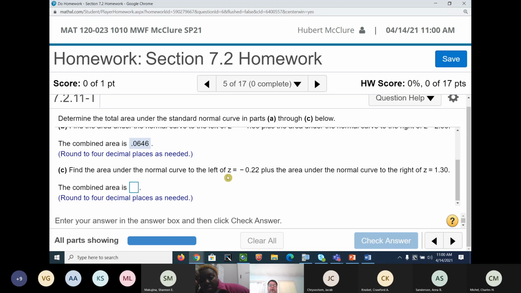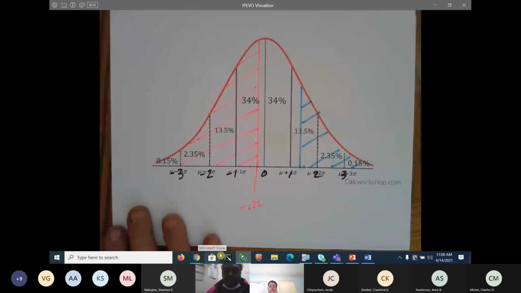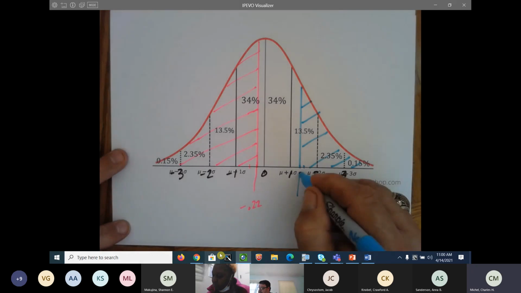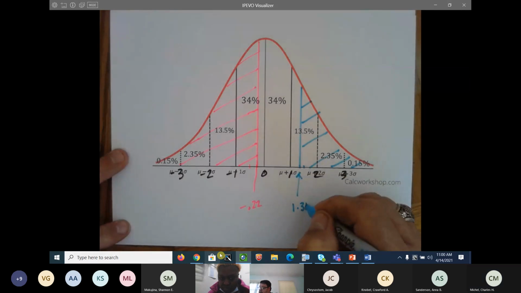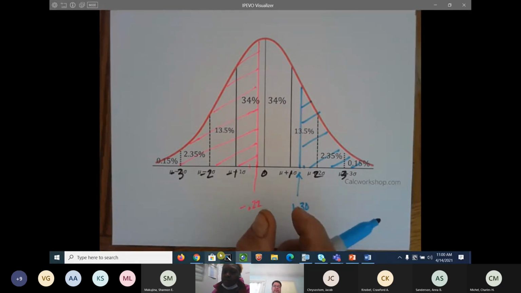Okay, yeah, it says to the left of negative 0.22 and to the right of 1.3. So yours should look like this. Is that what y'all's look like? Everybody should look like this. Now, of course, mine is pretty much perfect, but y'all are striving for perfection.